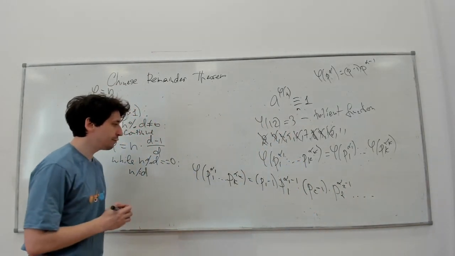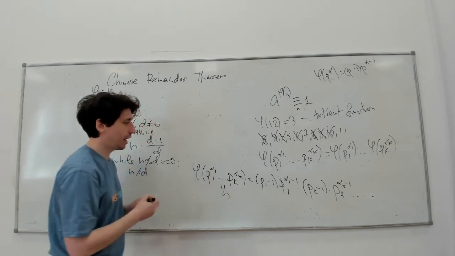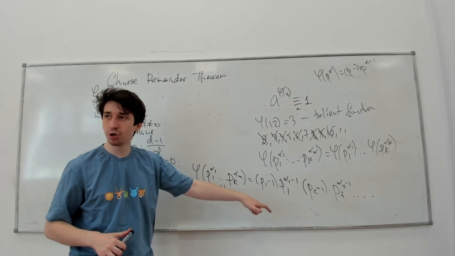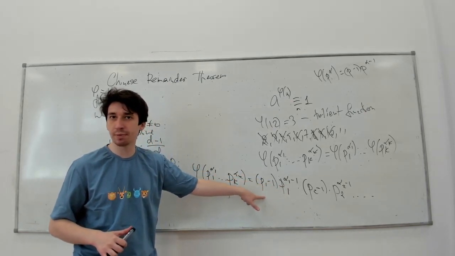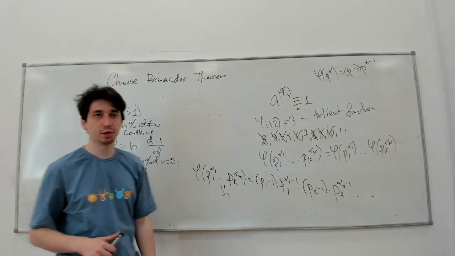So the only difference between n and phi of n is that for each prime number you should divide by the prime number and multiply by the prime number minus 1.